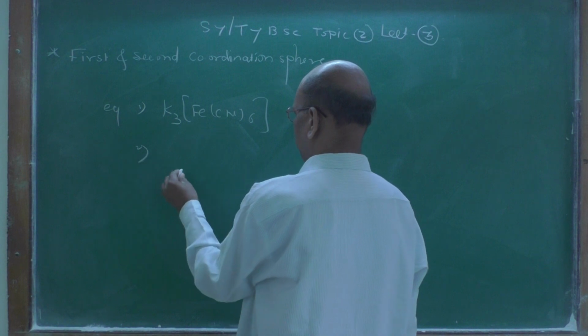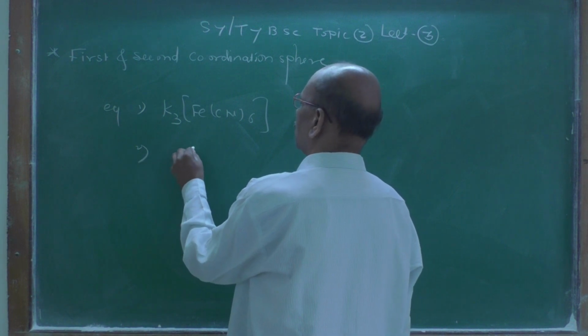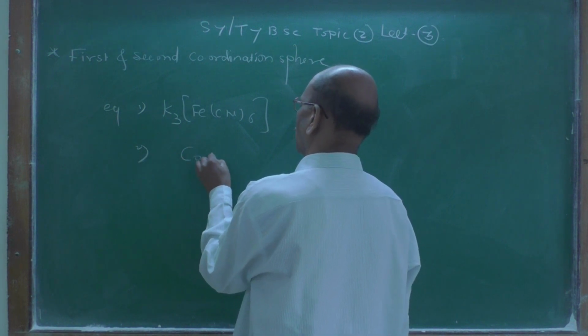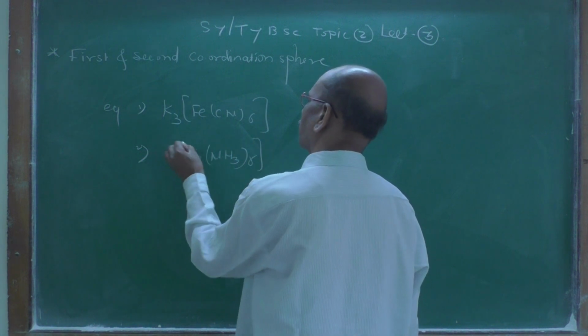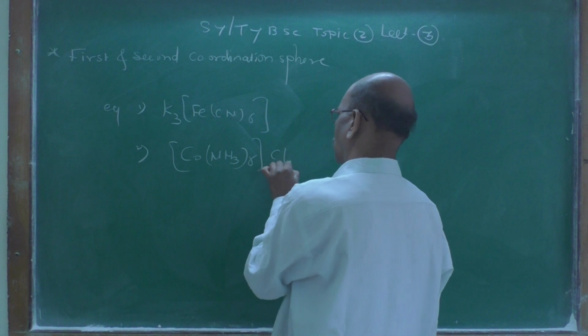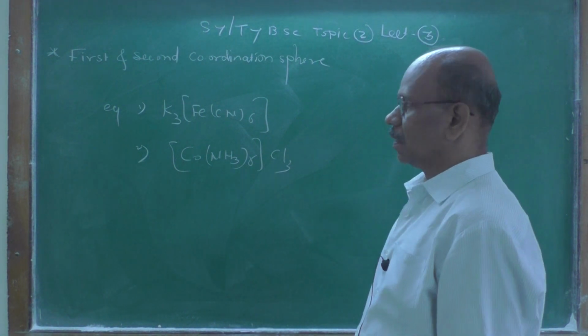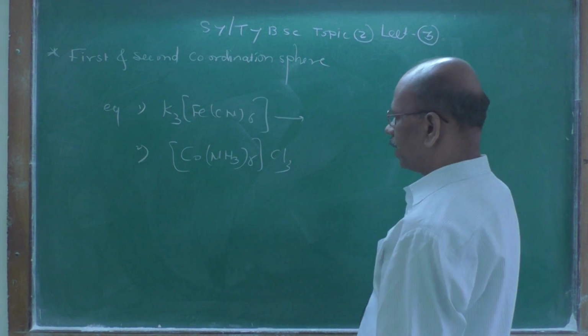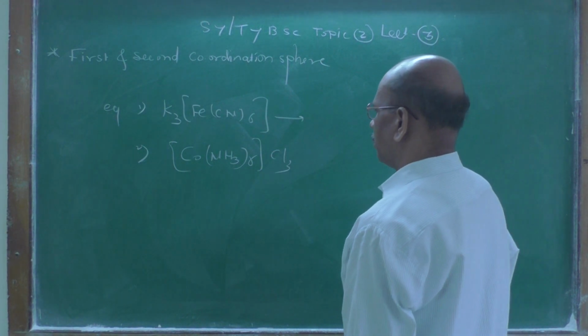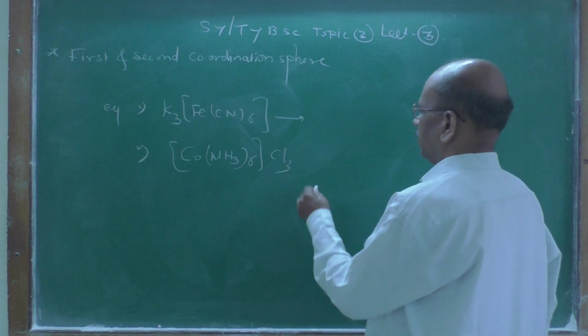The second example I consider is [Co(NH3)6]Cl3. Here we consider the complex potassium ferricyanide.